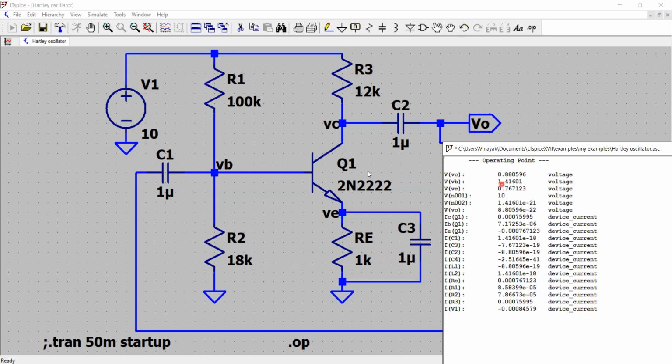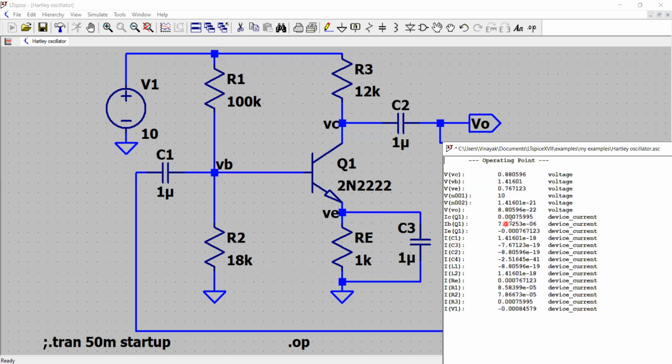Base voltage is at 1.41, and then 1.41 minus the VBE, that is 0.7, will be the voltage at VE. So let us check what the voltage here is, 0.7. So obviously 1.4 minus 0.7 will be approximately 0.7.